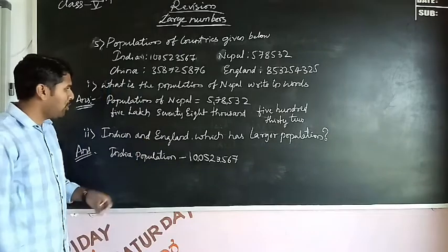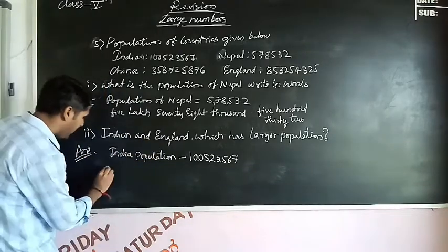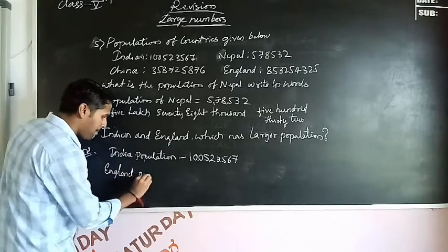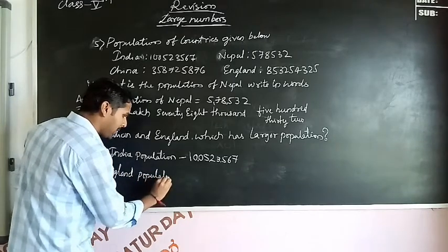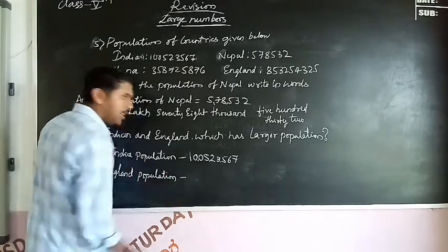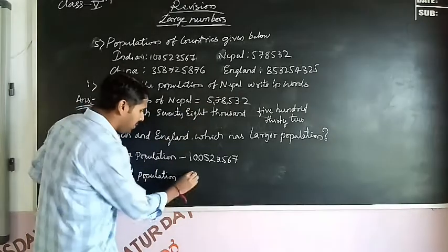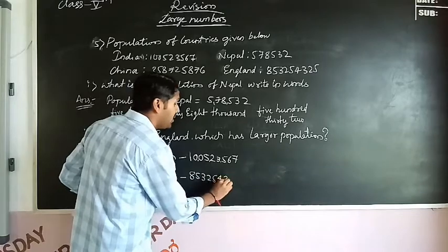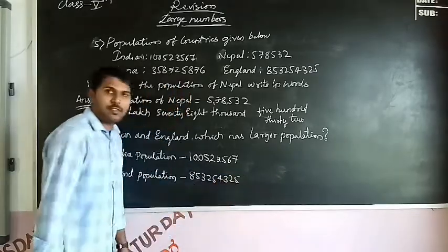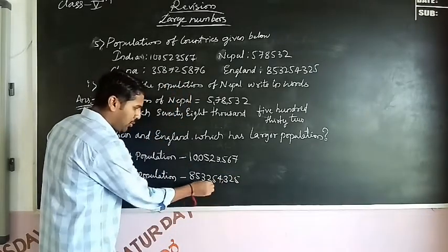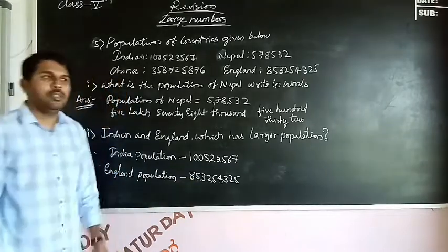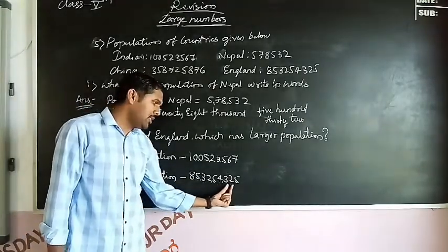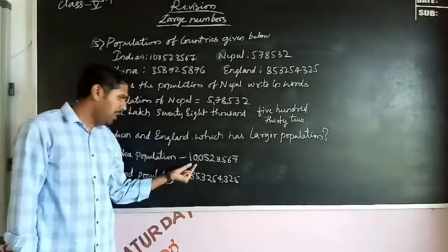Next, which population did they ask? England. England population. Write down the number 8532543225. First place the comma, 322. So here 85 crore 32 lakh 54,325, and here 10 crore.